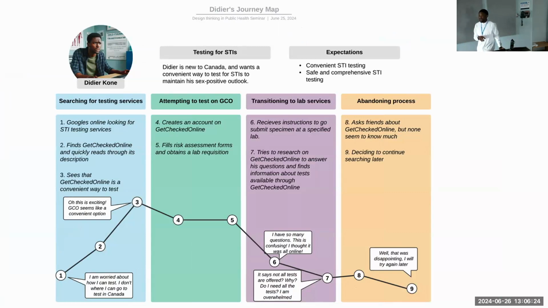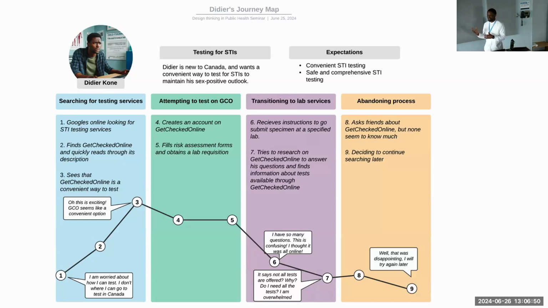First off, it's usually based off of a persona. A persona is a composite. It's not one person. It's usually a composite description of who your typical user is. There are different types of personas. Usually there's the primary persona, the main person you're trying to engage on your project for.